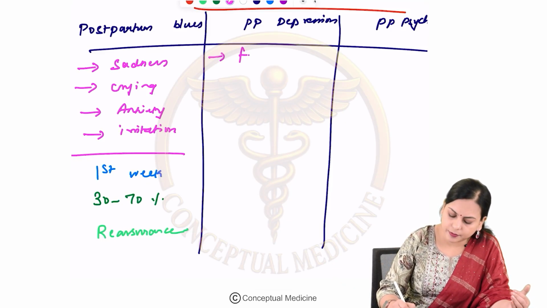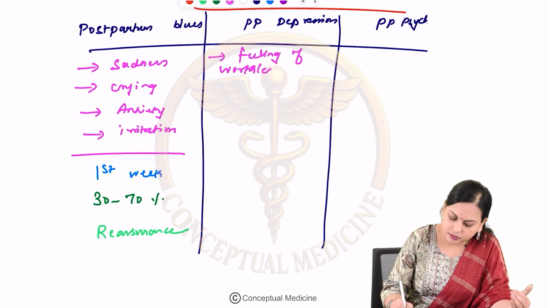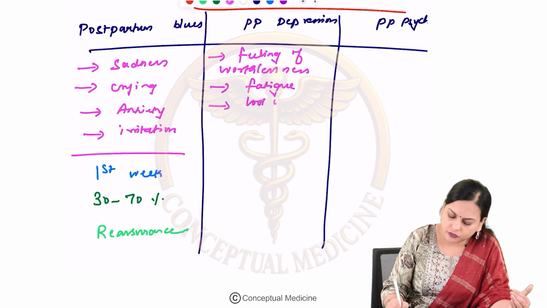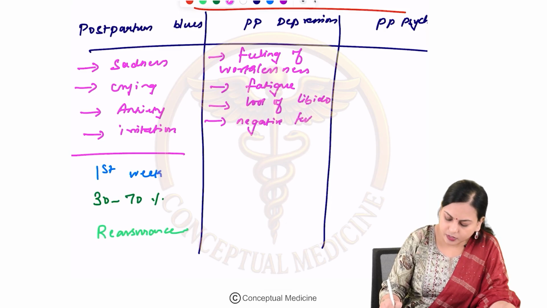When we come to postpartum depression, here the woman will have a feeling of worthlessness. She may even complain of fatigue. There will be loss of libido as well, and more negative feelings towards the infant.